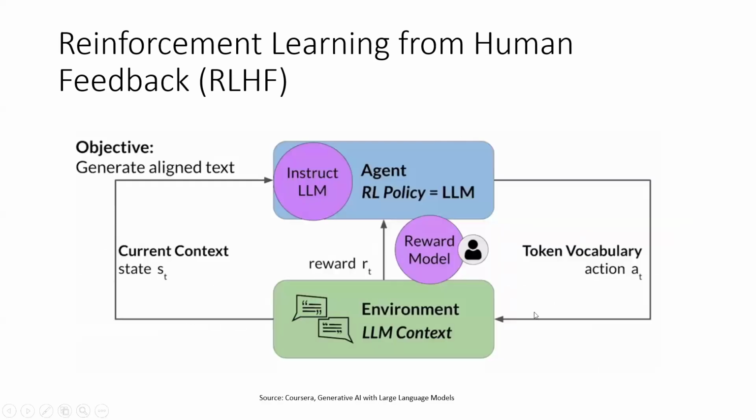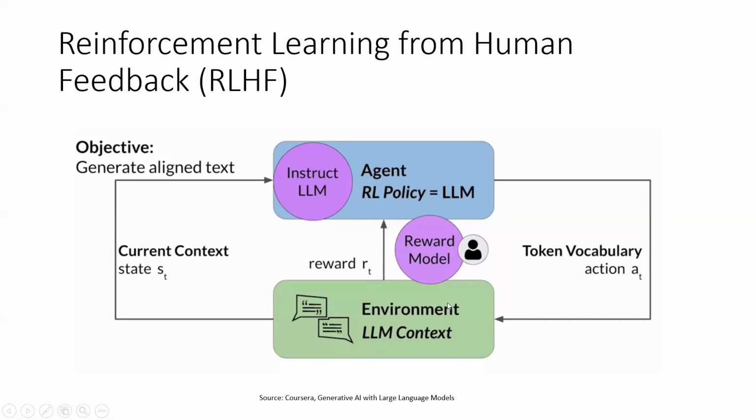So this is the diagram of the reinforcement learning from human feedback model. This is a reinforcement learning agent. This is the environment, and in this case the agent is mainly the instruct LLM, which is the fine-tuned LLM we already have, right? And this LLM is taking decisions.